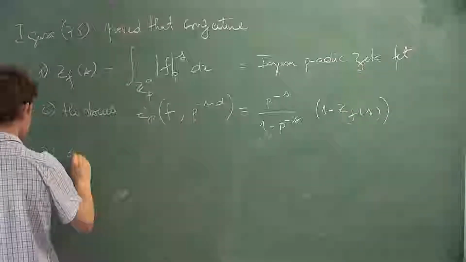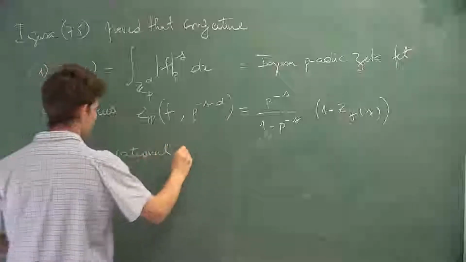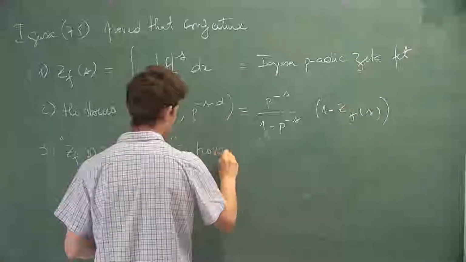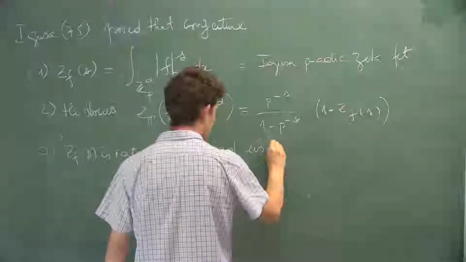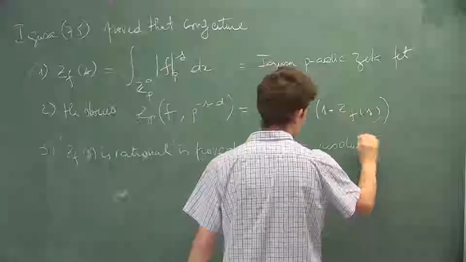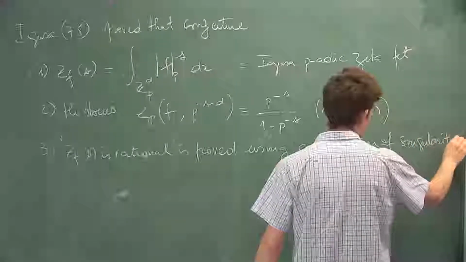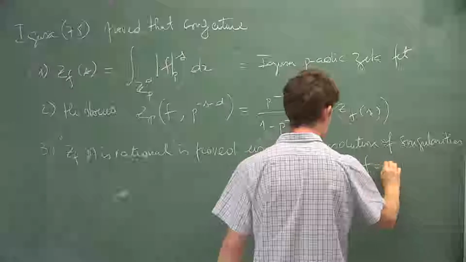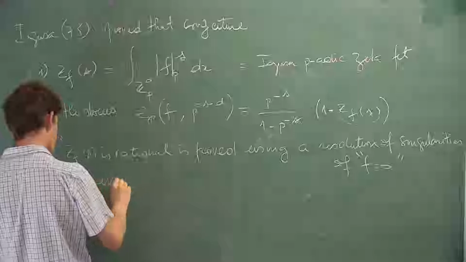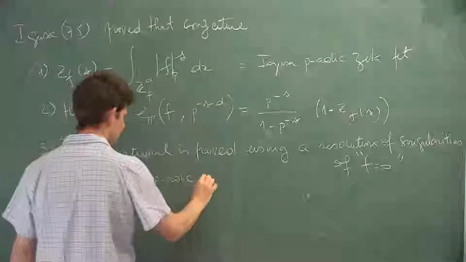And to prove that Z_f(s) is rational, is proved using what we call a resolution of singularities. And especially of f equal to 0, and you need also a p-adic change of variable formula.